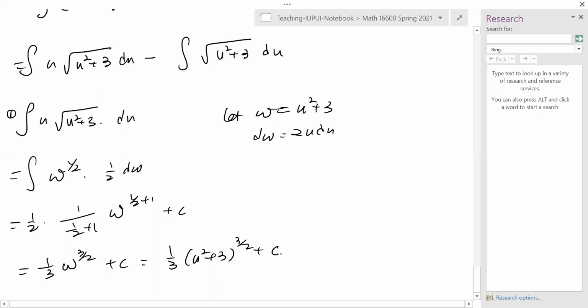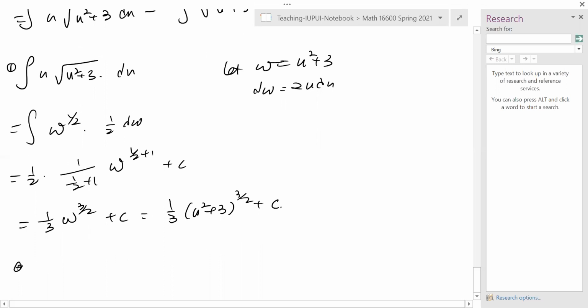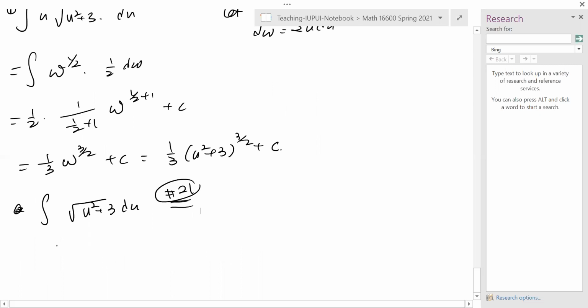The second one, the integral of the square root of u squared plus 3. Do I have one? Yes, this is formula number 21. Formula number 21 gives you the answer.